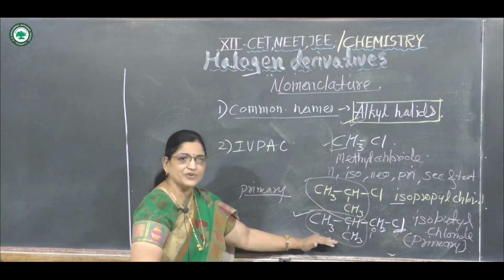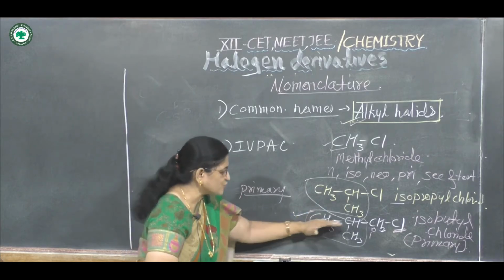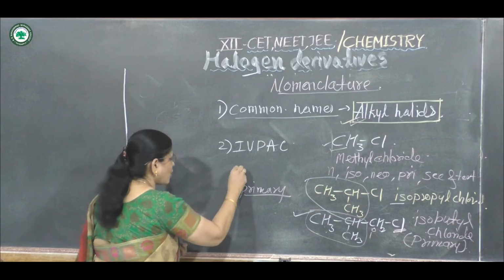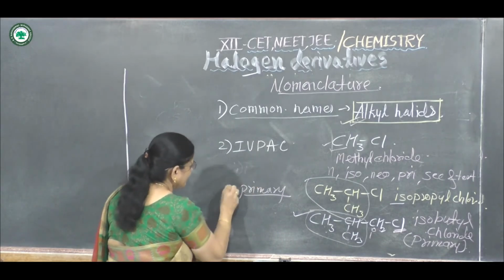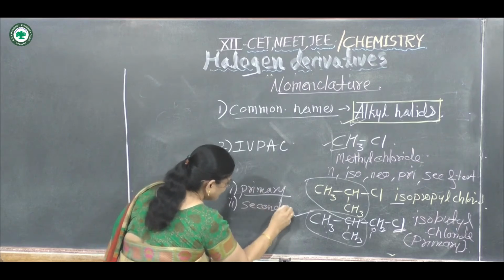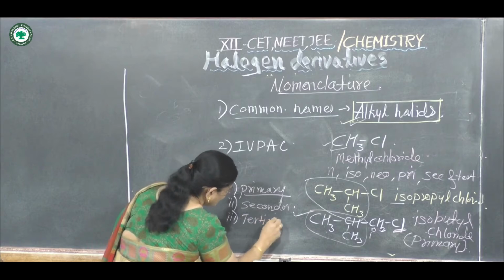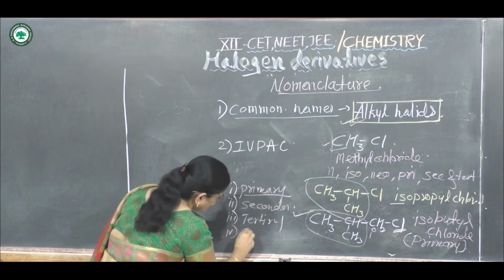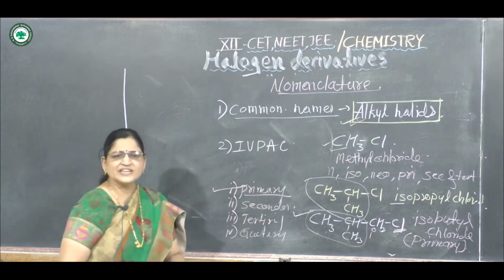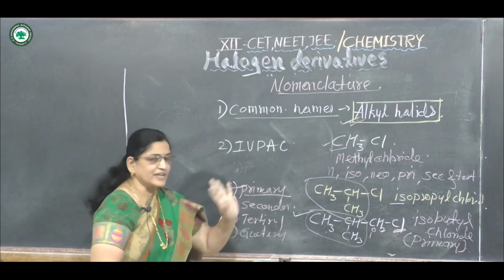This is a confusing question: isobutyl chloride is dash dash dash, with options primary, secondary, tertiary and quaternary. The correct one is the first: isobutyl chloride is a primary alkyl halide.